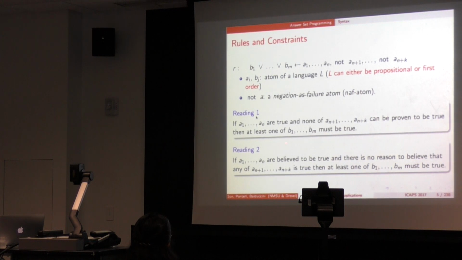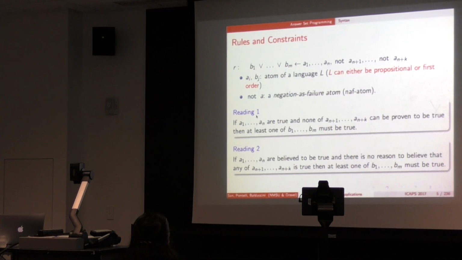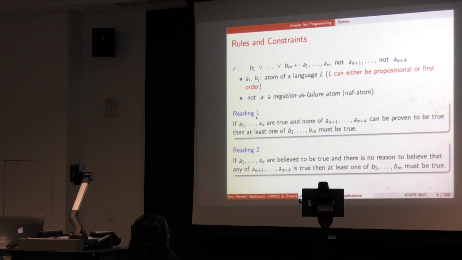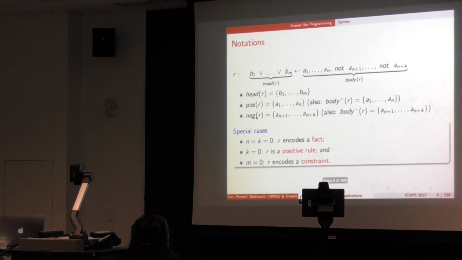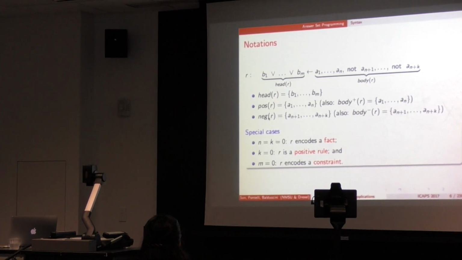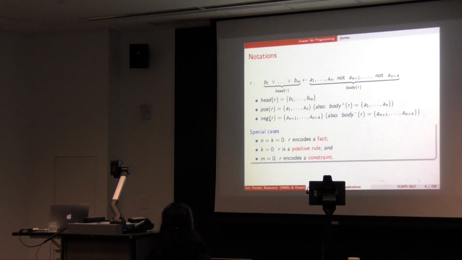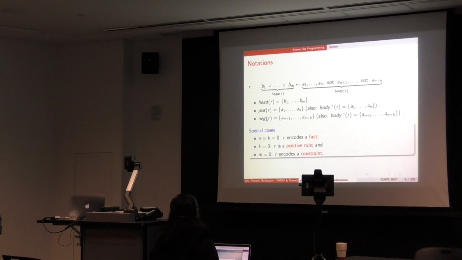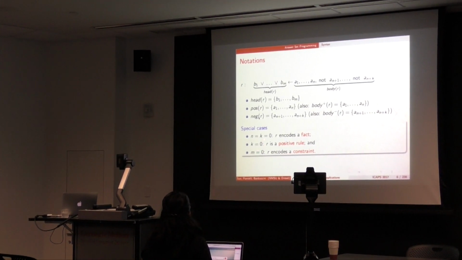This one says that if A1 to AN is believed to be true, and there's no reason to believe that any of the negated atoms is true, then at least one of the head atoms must be true. So you basically have a rule of this form, where this is the head and this is the body, and the idea is that if the body is true, then the head must be true. Okay? So we have a special case like this.